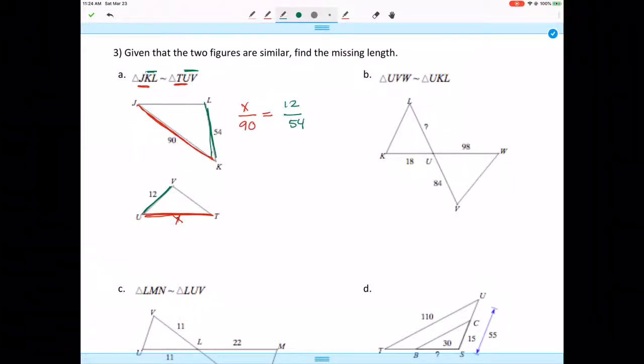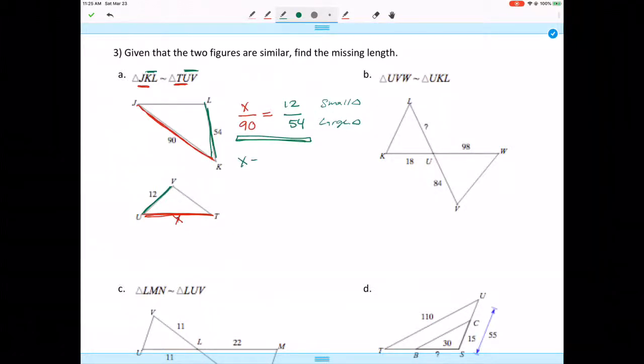As you notice, the smaller triangle answers are on the top, and on the bottom is the large triangle. It doesn't always have to be that way. If you want to keep it that way, that's totally fine. I think some teachers teach it that way, always keeping the smallest triangle on top and the largest on the bottom. But you'll be fine. This looks very familiar from what we did at the beginning of class.